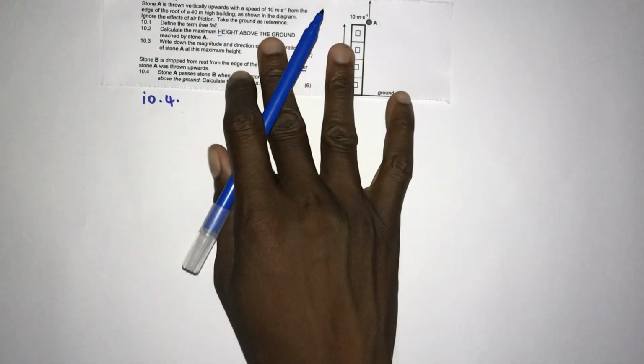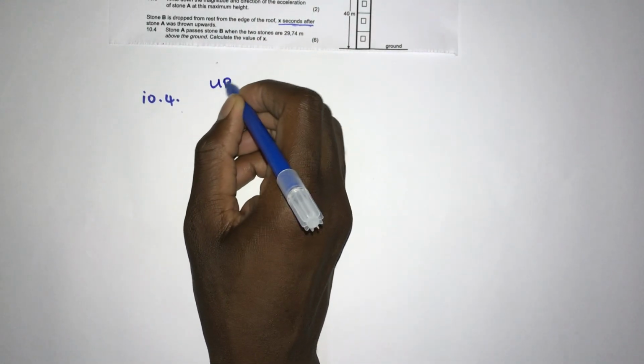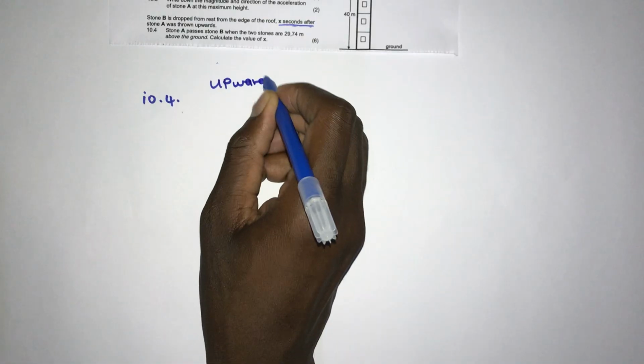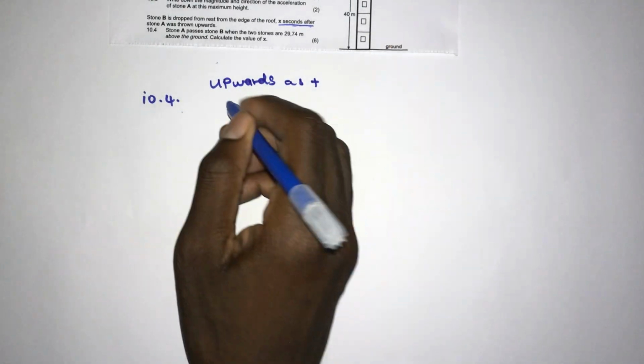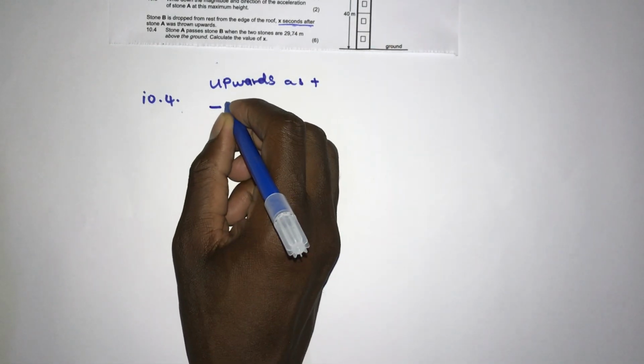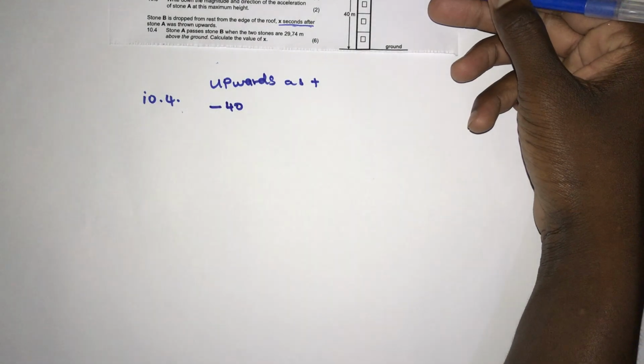Since we chose up as positive, we're going to take the building as negative 40 because that is the initial position, and the stone after it reached the maximum height was coming back down.